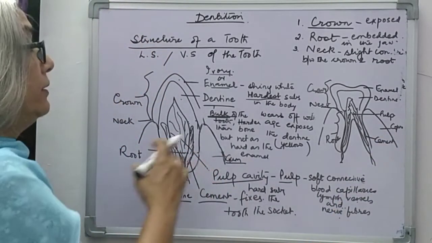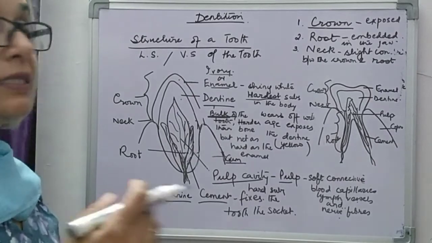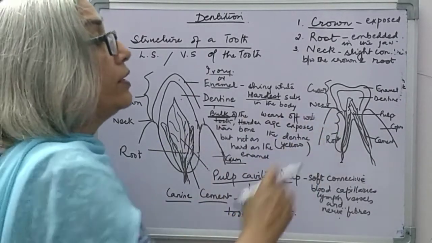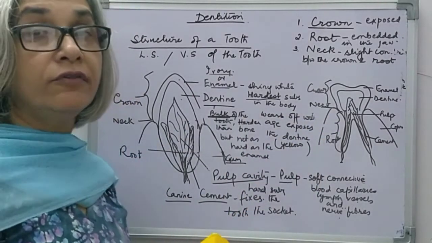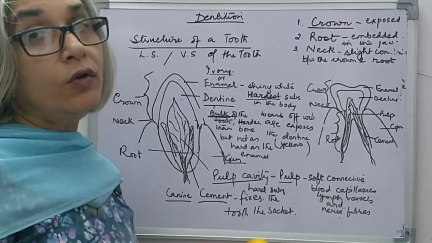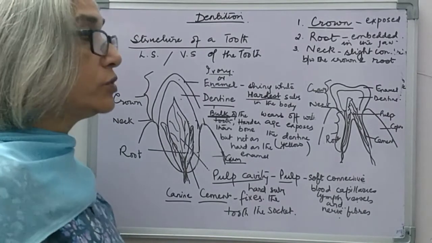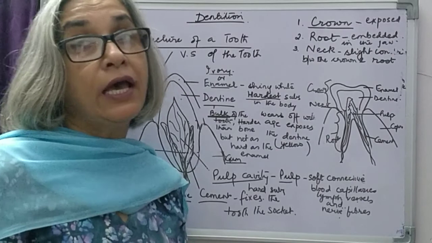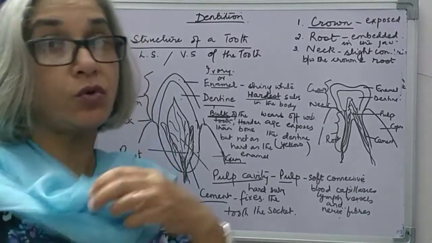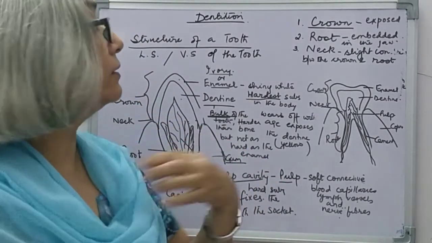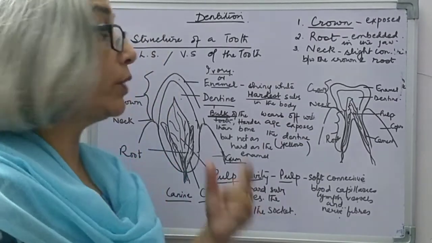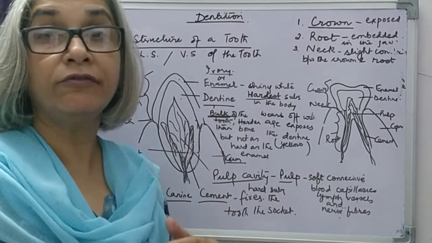So we can see canines and incisors have one root, whereas premolars and molars have two or three roots. Generally the upper molars have three roots, whereas the lower molars have two.